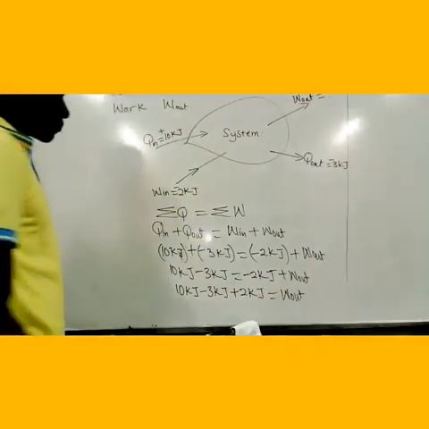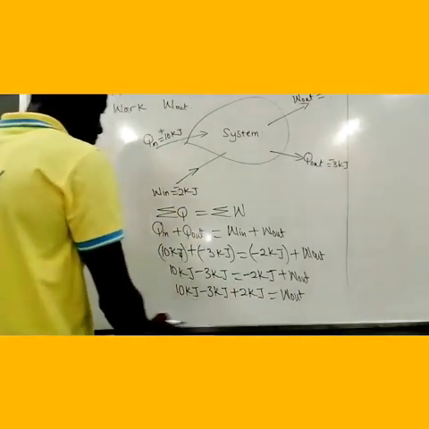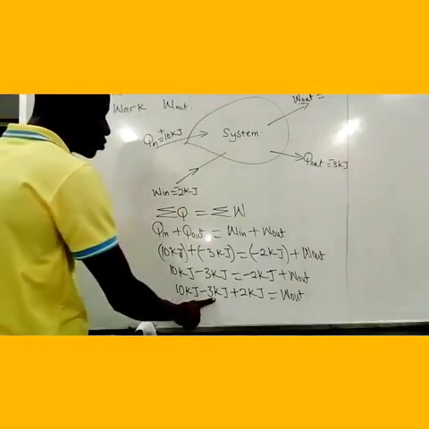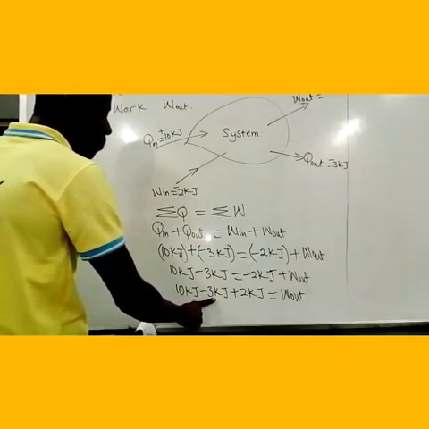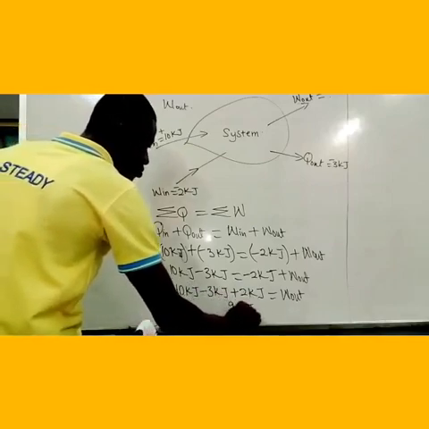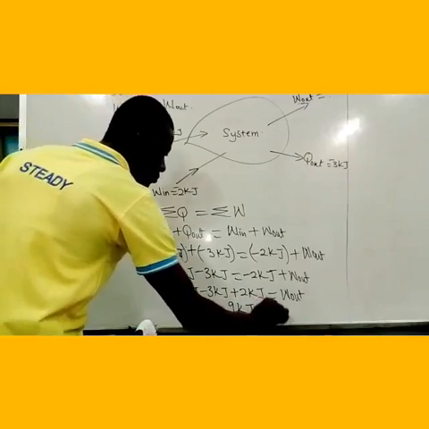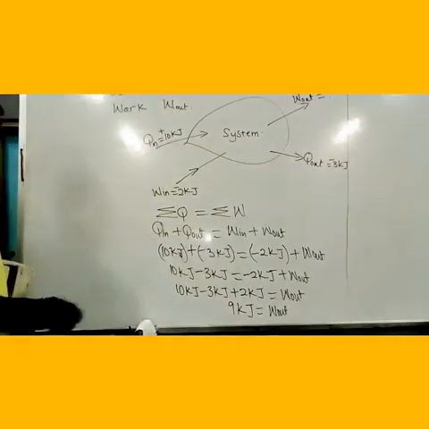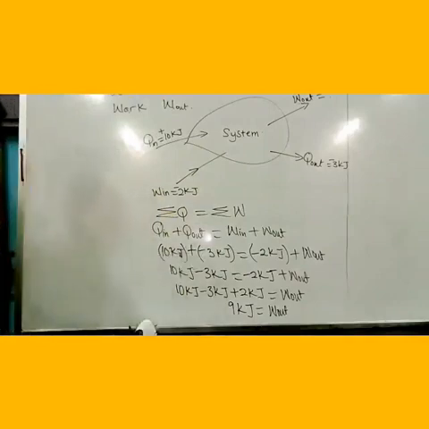So 10 kilojoules minus 3 kilojoules is 7 kilojoules. 7 kilojoules plus 2 kilojoules will be 9 kilojoules. So this will be 9 kilojoules of work that is done on the surrounding. It's as simple as this.